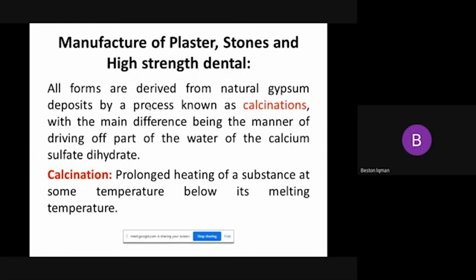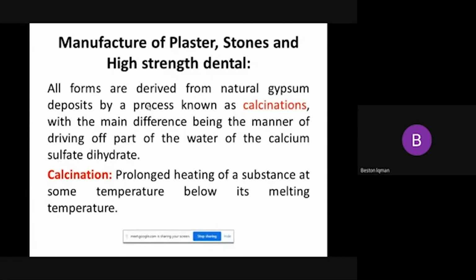How do we construct the dental plaster, dental stone, high strength stone, according to which criteria? All of this you can construct by the process of calcination. What do you mean by calcination? It means heating the gypsum under temperature in order to remove the water particles from the gypsum.